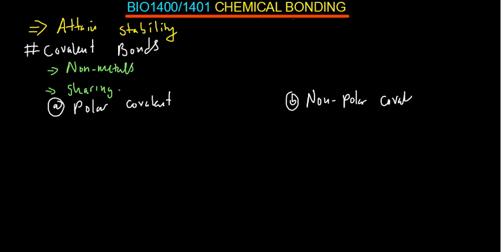Now remember, covalent bonds are bonds formed by non-metals, which involve sharing of electrons. When you are talking about a polar covalent bond, this one is formed by unequal or uneven distribution of electrons.